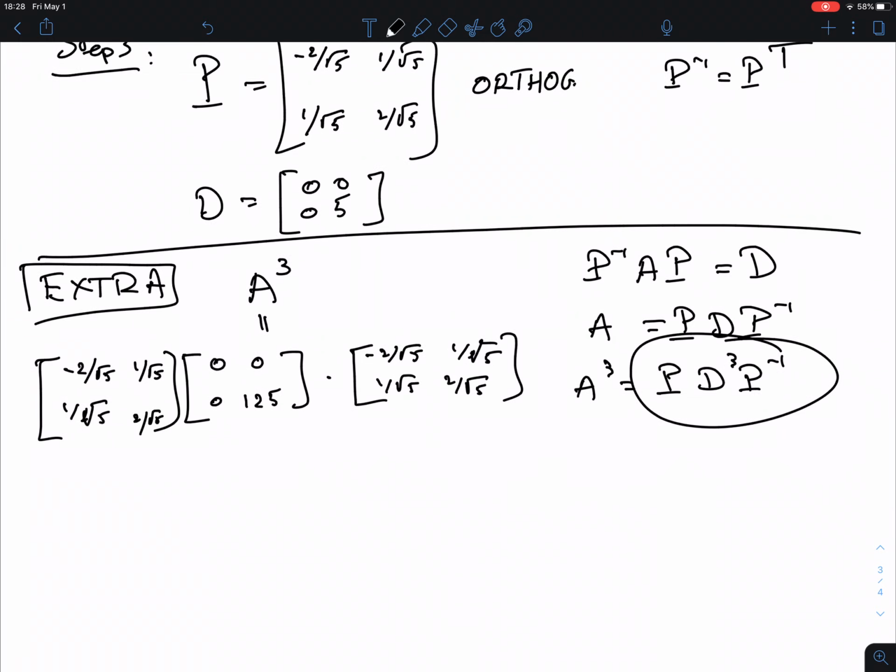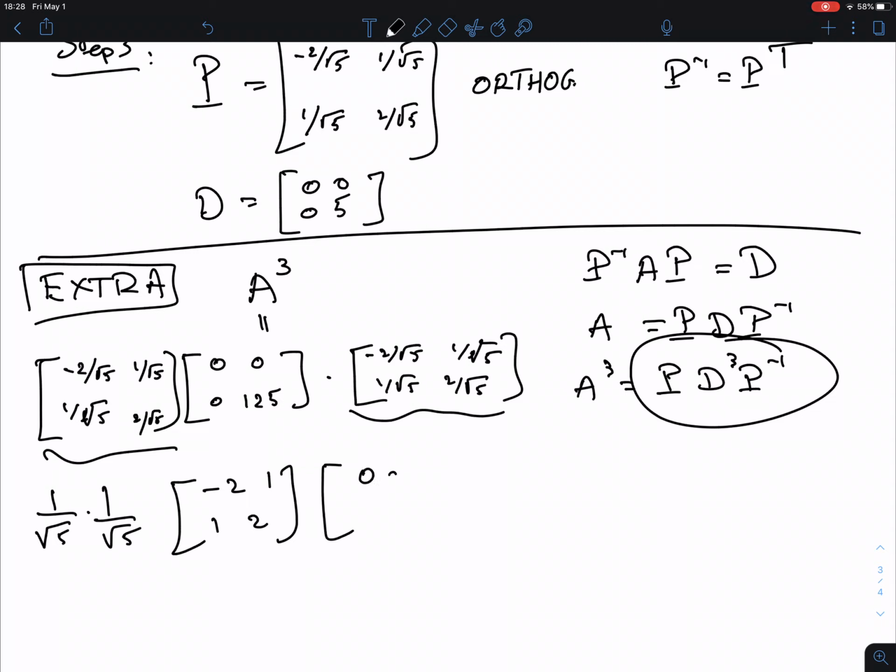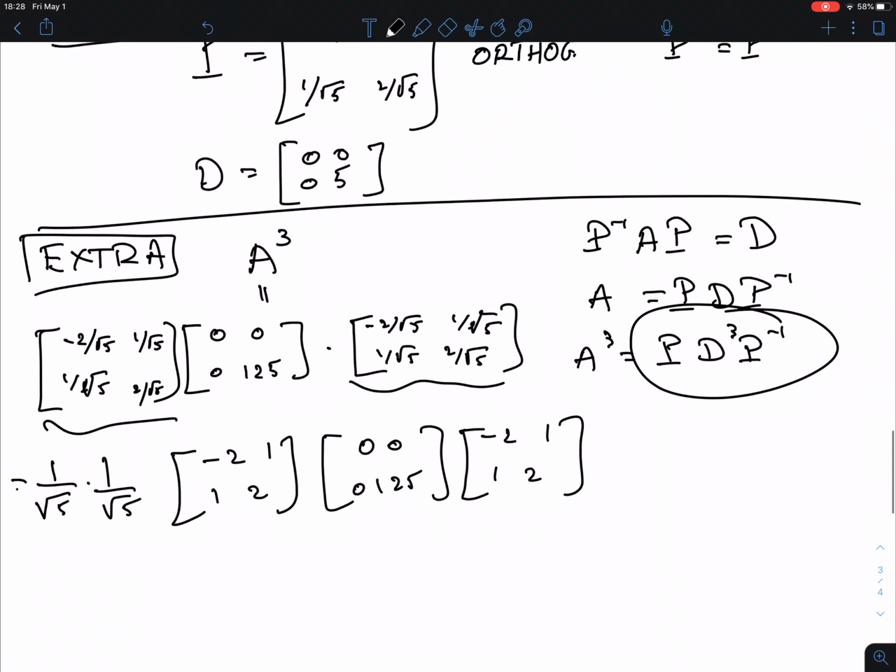These are scalars, so out of here we can take a 1 over radical 5, and out of here another 1 over radical 5, and then we have left minus 2, 1, 1, 2, 0, 0, 0, 1, 25, and then minus 2, 1, 1, 2. That simplifies our calculation. It's not necessary, but it makes it easier. So this is 1 over 5, radical 5 times radical 5 is 5, so 1 over 5, right?